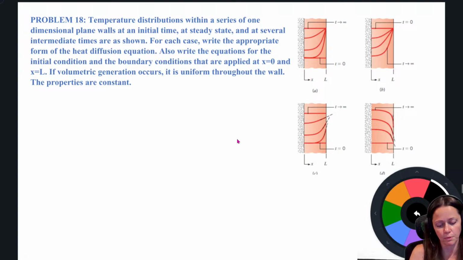All right, so problem 18. You have temperature distributions within a series of one-dimensional plane walls at an initial time, at steady state, and at several intermediate times are shown.